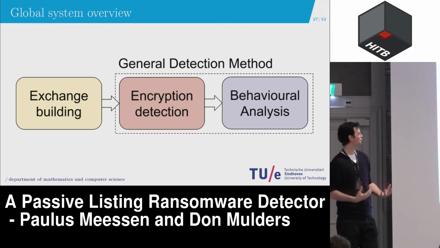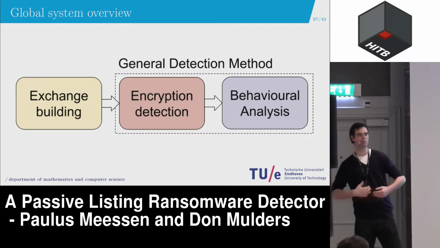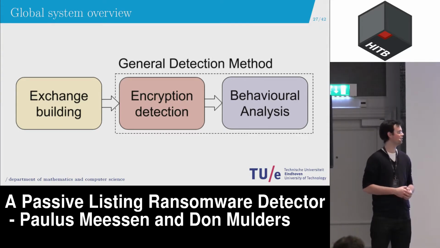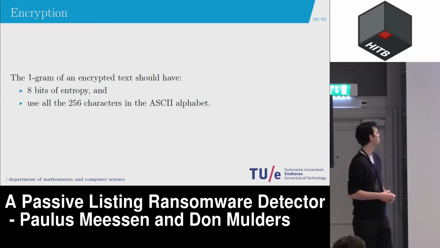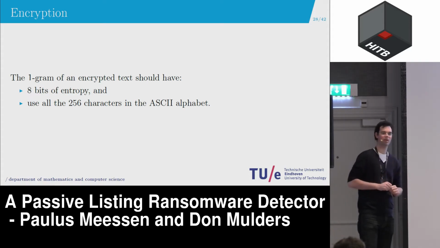So we now have a tool to say if a certain text is encrypted, and then we need to move on to a behavior analysis of that in order to convert that into an actual detector that helps us to find ransomware. So we need to make a prediction about what kind of entropy values are associated with encryption. Well, we're looking at 1 grams, so we're looking at the occurrence of ASCII characters in our database.